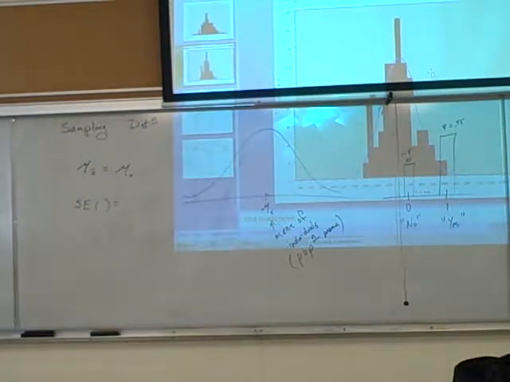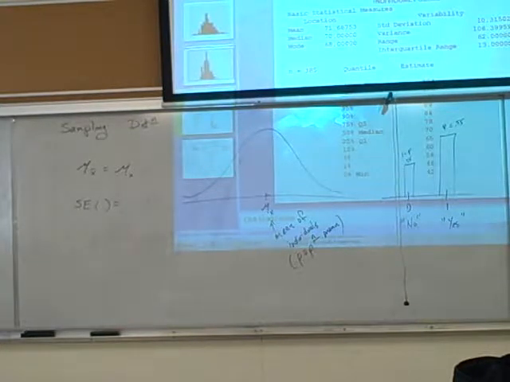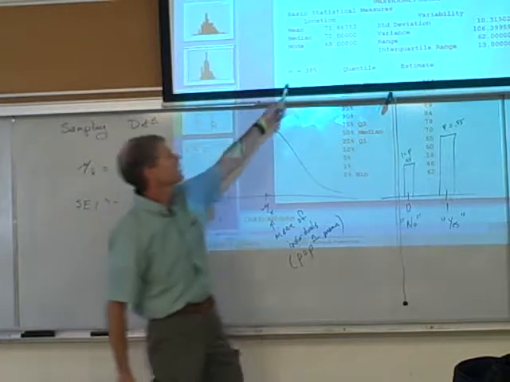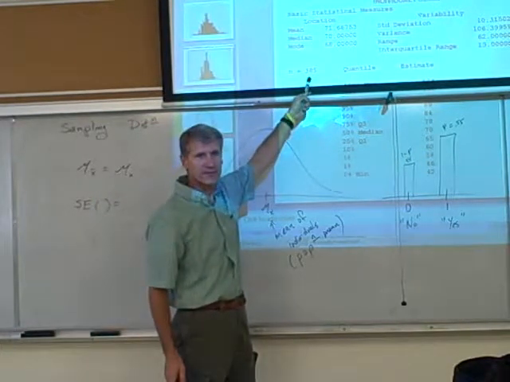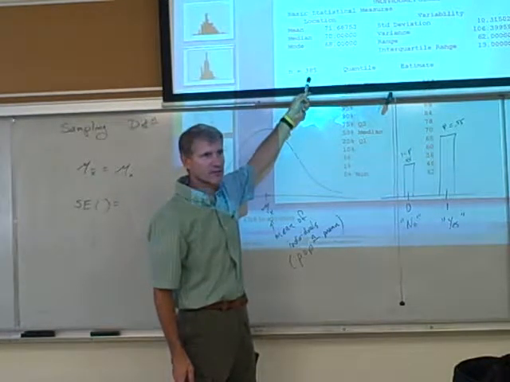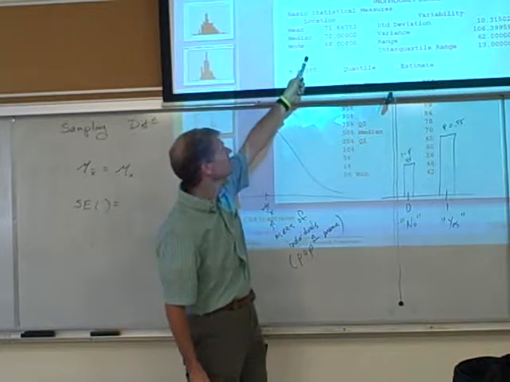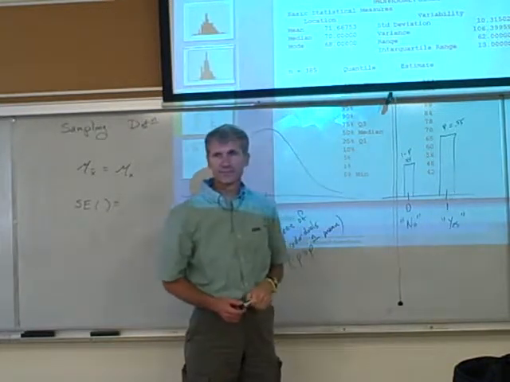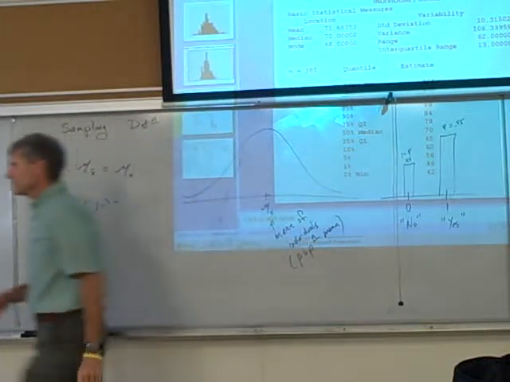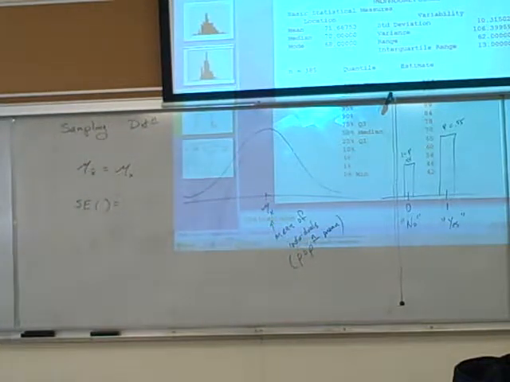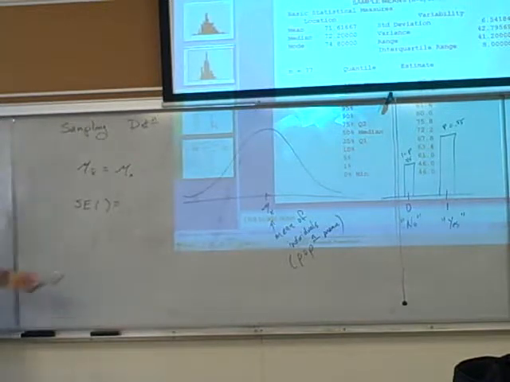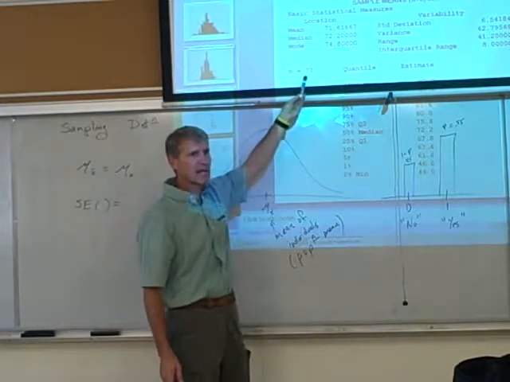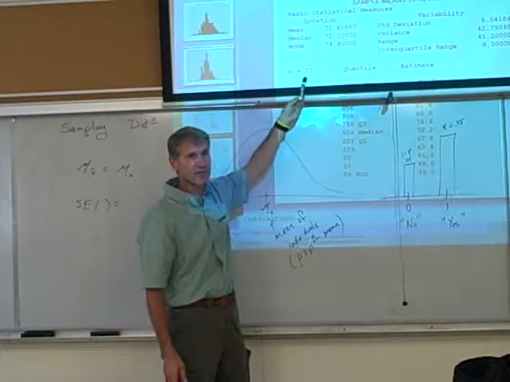Okay? Now to illustrate that, here are the summary statistics for the 385 pulse values that you sent in. The overall mean is 71.667. Okay? I'll hit page down, and there are the summary statistics of the 77 samples of size 5 that you sent in.